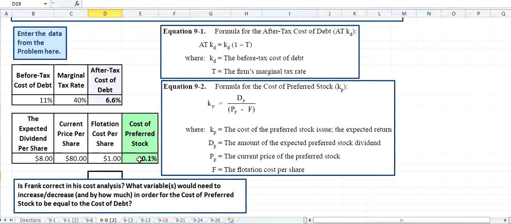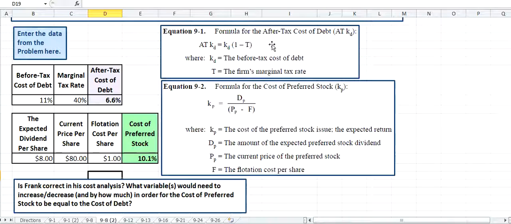And the reason I'm asking you to do this is just so you can get a general idea in your head of how changing the variables in the formula change the cost of either preferred stock or the after-tax cost of debt.